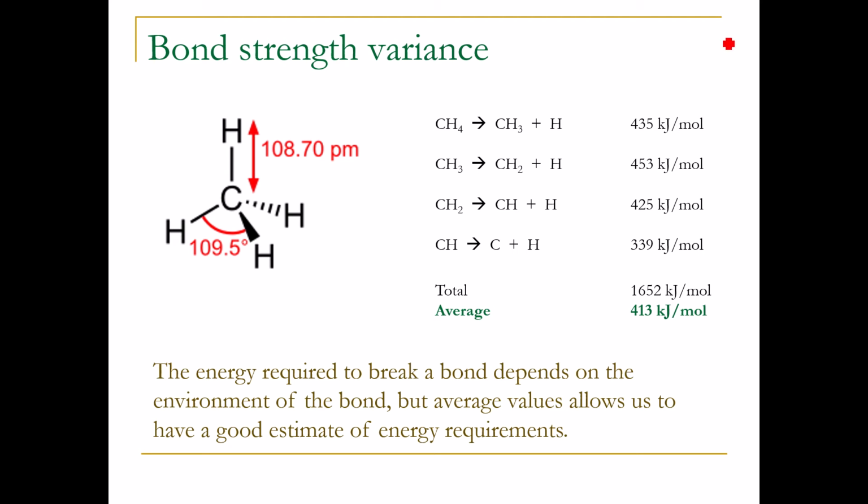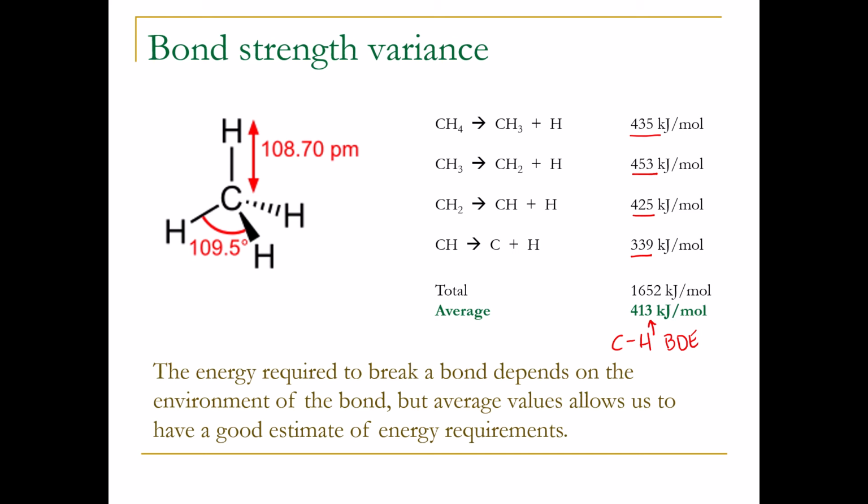So the energy required to break the first bond, 435, but then the energy required to break the second bond after the first one's been broken is a little bit higher. Energy required to break the third bond drops down, and then energy required to break the last one is very low. We take the average of those 4 values to get the value that we would call the CH BDE or bond dissociation energy.